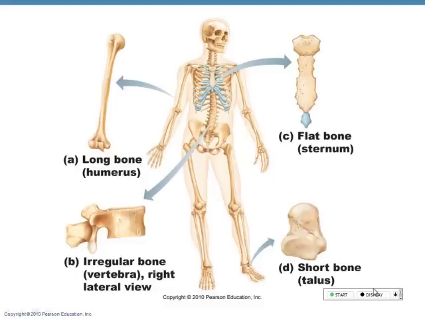That would probably be classified as an irregular bone. And then the last one is irregular bone: anything that doesn't fall nicely into those categories, like your vertebrae, which have a bunch of weird little shapes to them. So we call them irregular bones.